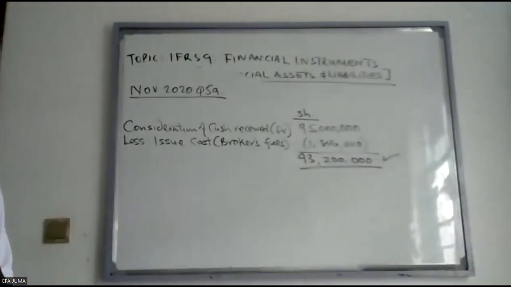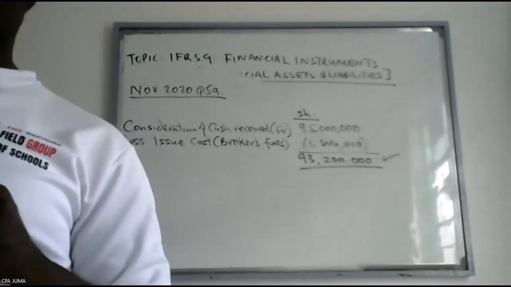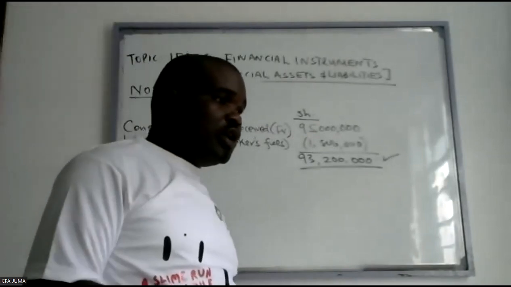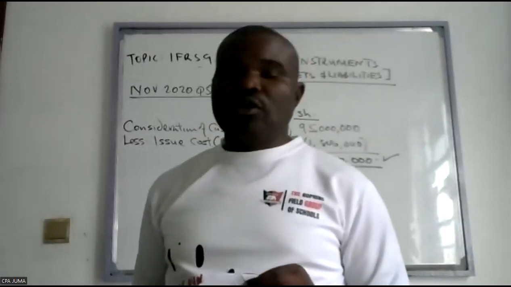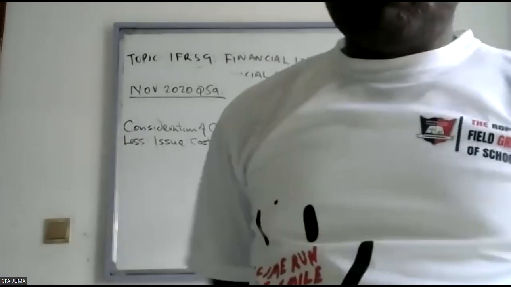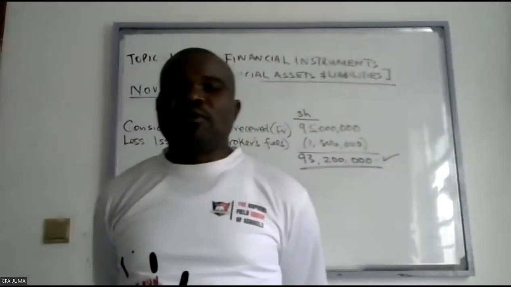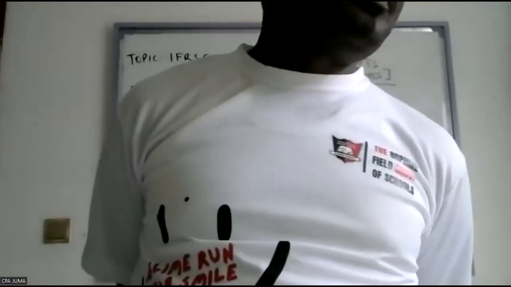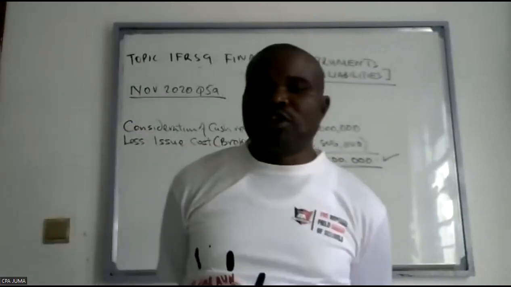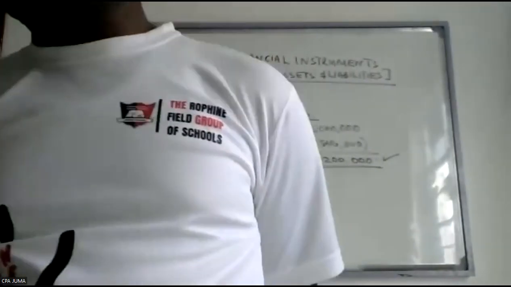So down there you say, the initial recognition and measurement of the liability has been accounted for correctly in the books of Dodoma Limited.